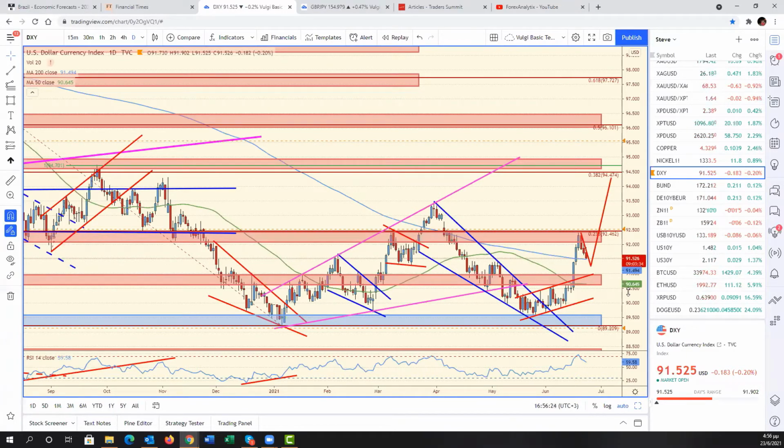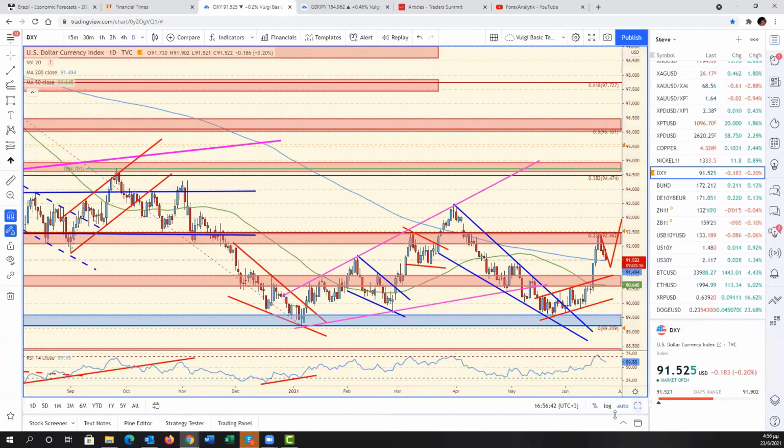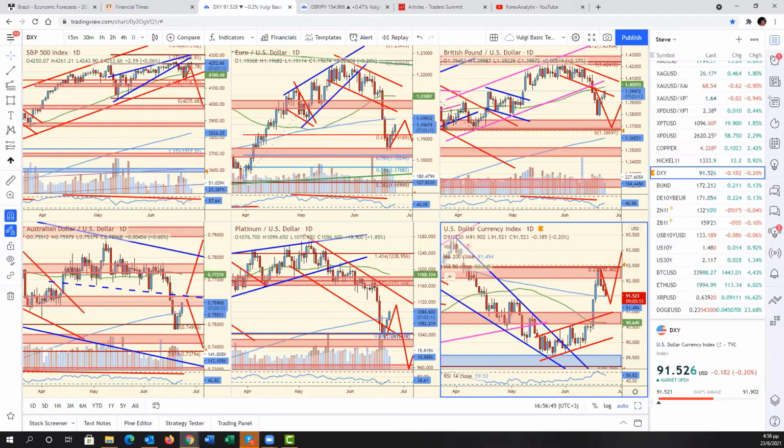And if we're talking specifically about the DXY, I would be looking for 94.50 as a good upside target, a nice confluence of resistances that might signal the end of this rebound and the continuation of the move lower. Because, as I said, since day one, my medium to long-term thesis has definitely not changed.